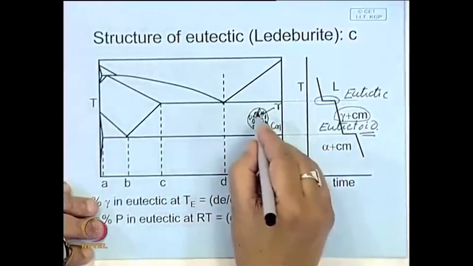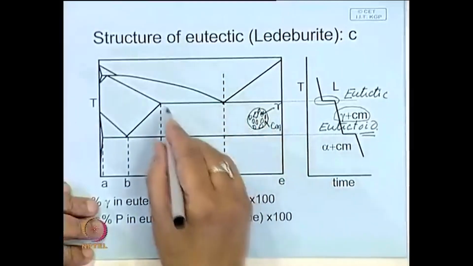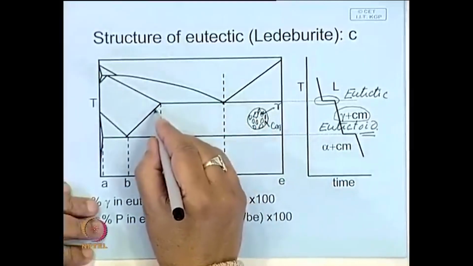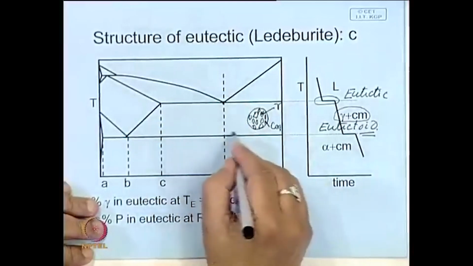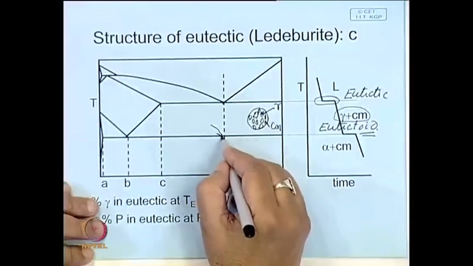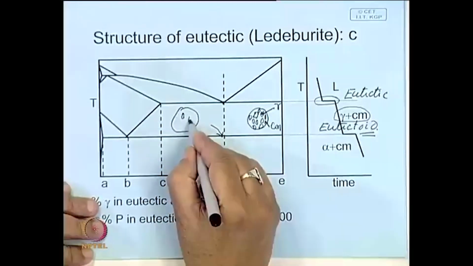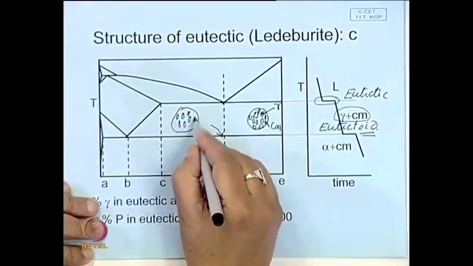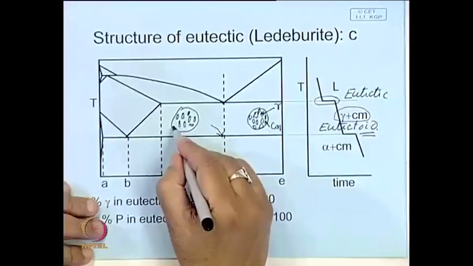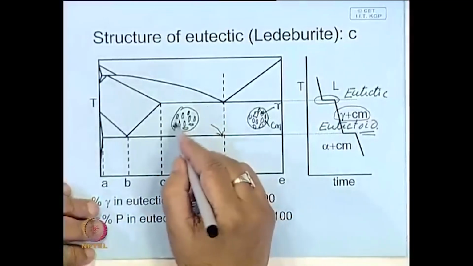And from this austenite, as the temperature goes down, because the solubility of carbon in austenite goes down, some amount of cementite will come out. So, when it reaches this temperature, these austenitic regions will shrink, and more carbon will precipitate as cementite.